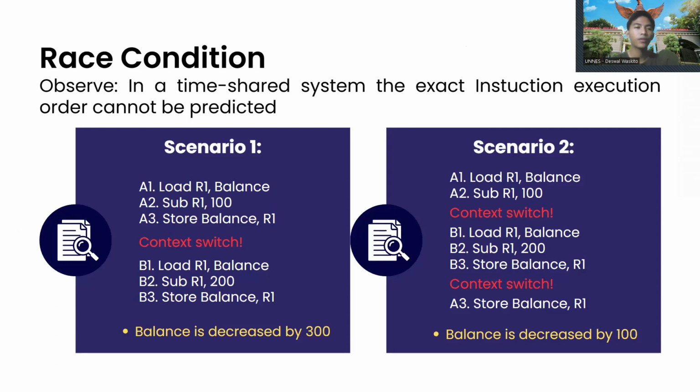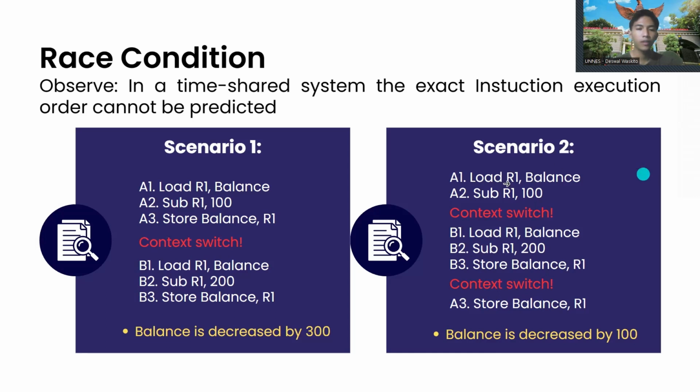So what is a race condition? Race condition is a condition where the outcome of the program execution depends on an unpredictable execution order. From process A and process B on the previous slide, we have the different scenario that produce the different outcomes.